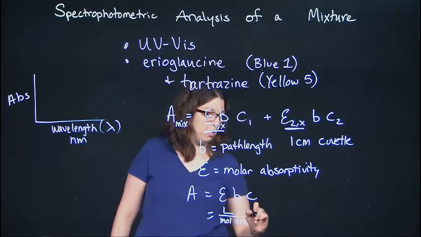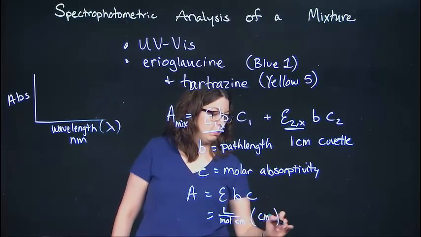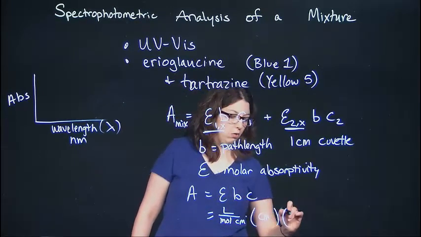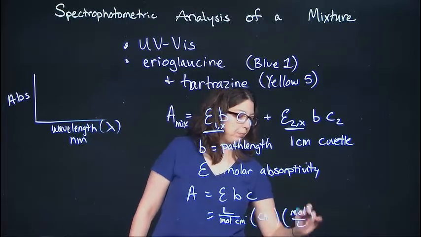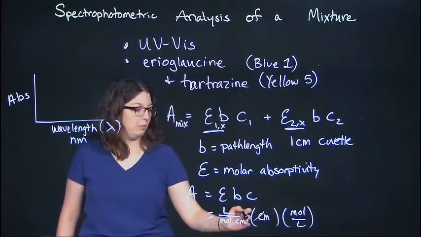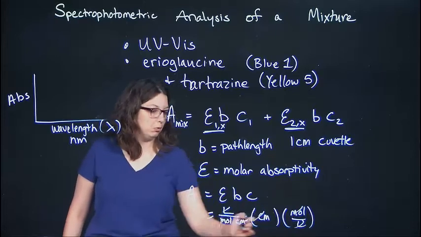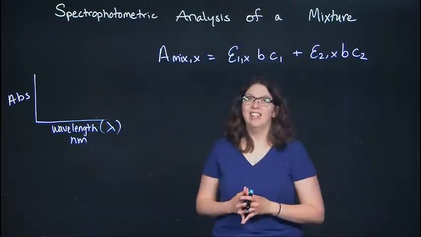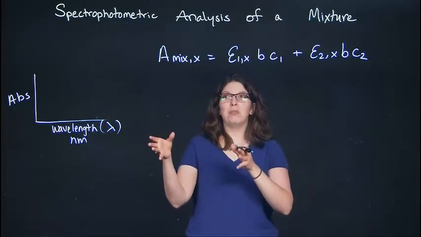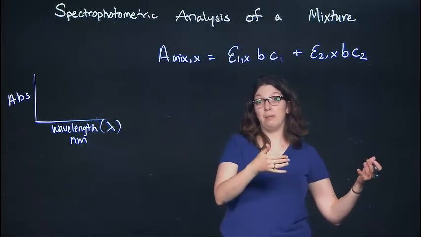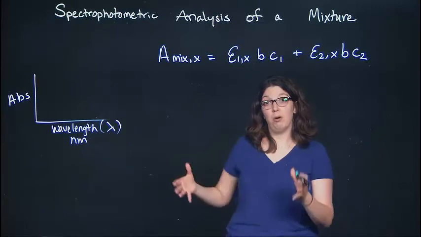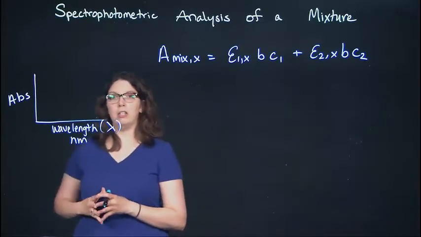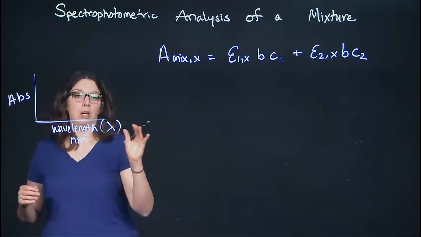And our path length is going to be in centimeters, and our concentration is going to be in moles per liter. And so you can see centimeters cancel, liters cancel, moles cancel. We end up with a unitless value, and that's what we want. So we know that the absorbance is going to be the sum of the individual absorbances of the components in a mixture. So how does that look spectroscopically?